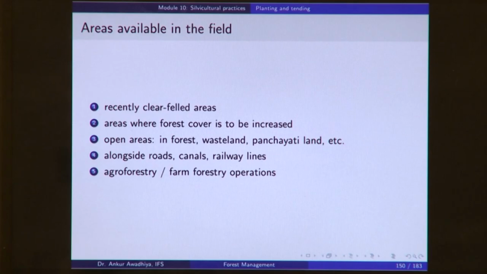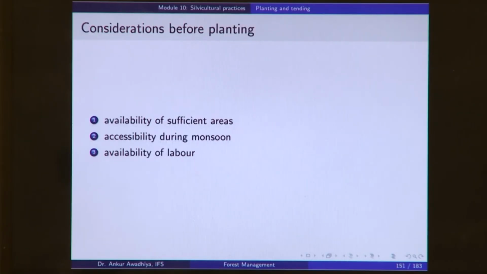So, basically all these areas, whether they are clear field areas, areas where cover is to be increased, or open areas, or areas along the roadways or railways or canals, or areas where agroforestry or farm forestry is to be promoted or done, are the areas where you need to do planting operations. Now, whenever we begin with a planting operation, we need to keep certain considerations in mind.